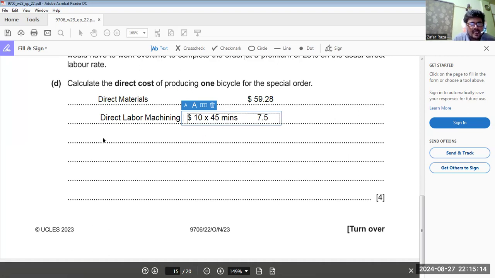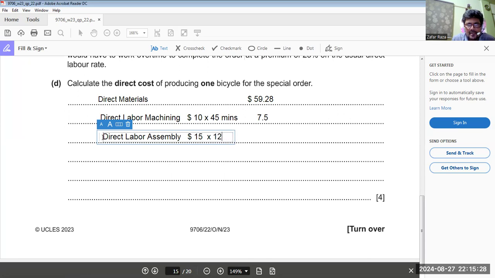Okay. Now direct labor for assembly department. Okay, their rate was increased to $15 multiplied by 120 minutes. 120 minutes means 2 hours. So that would be $30.